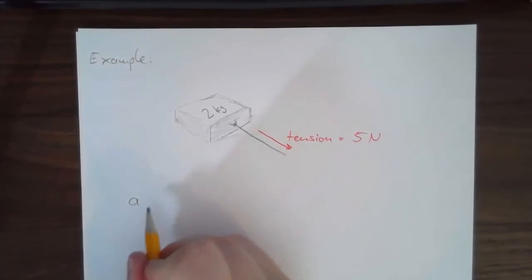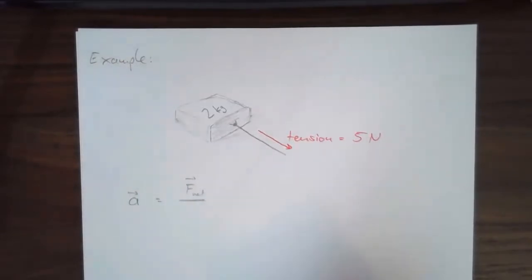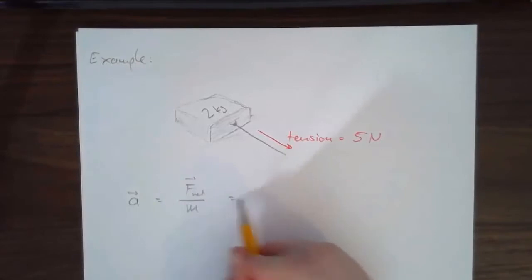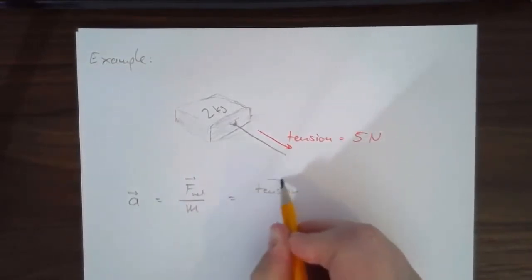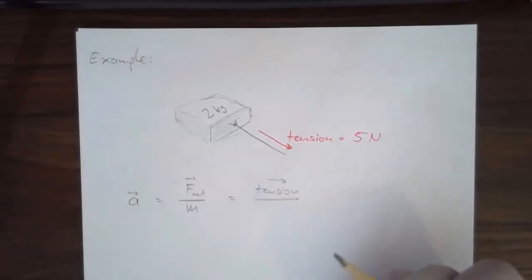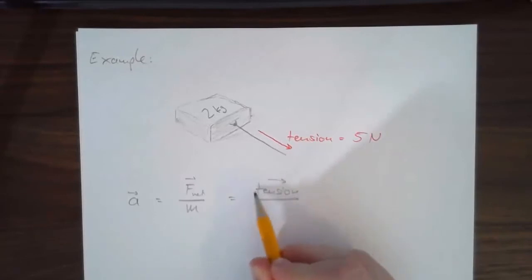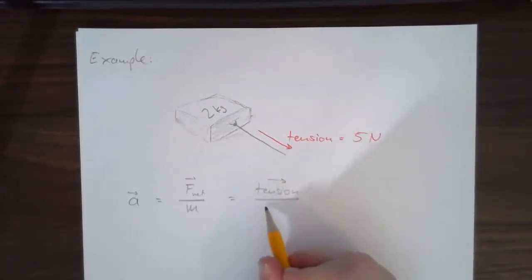Well, the acceleration is the net force divided by the mass. The net force here is just the tension, as a vector. Just because I don't use a single letter for it, but write out the word, I can still do math with it.